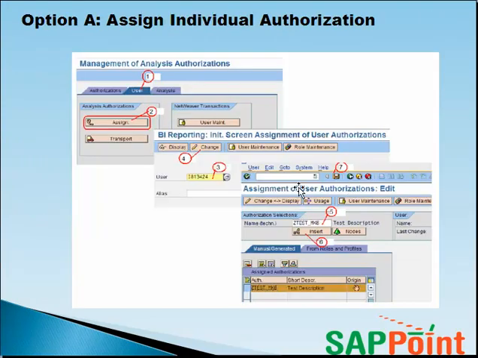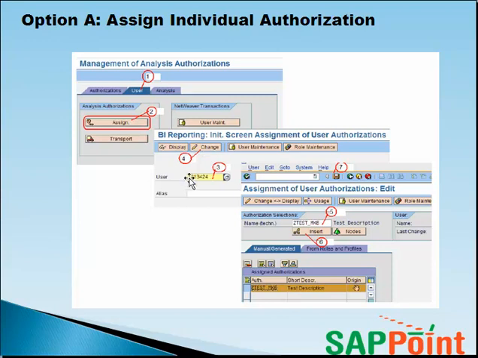So these are the screens of the different options. This is a transaction code. When you execute RSECADMIN, to assign the individual analysis authorization to a user, you click on the user tab, then click on the assign tab button.